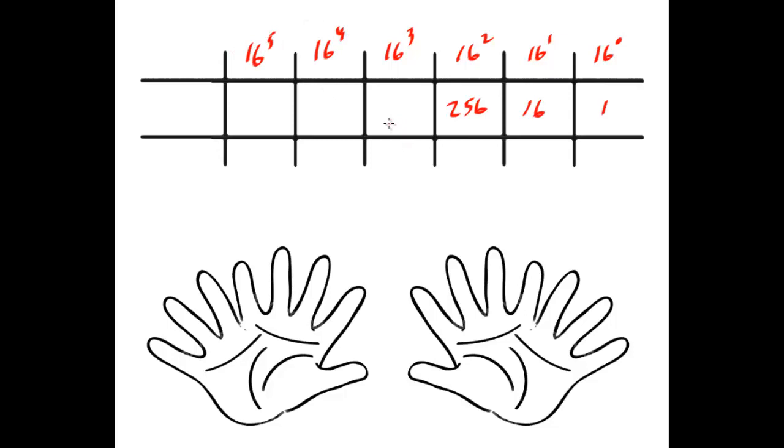So 16 times 256 is 4,096, and this will be 65,536, and writing really small, 1,048,576, that's a 7. So if we had a number like 2610, that's 2 sets of 4,096, 6 sets of 256, 1 set of 16, and no ones.